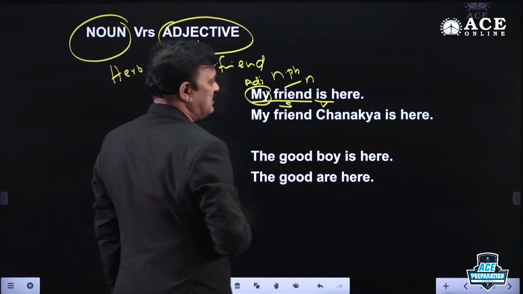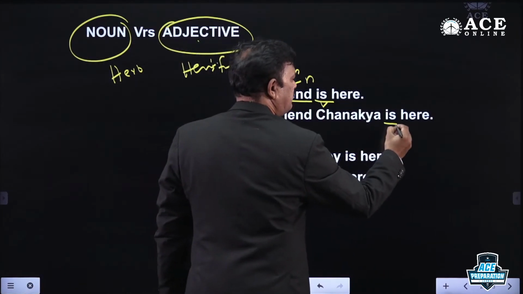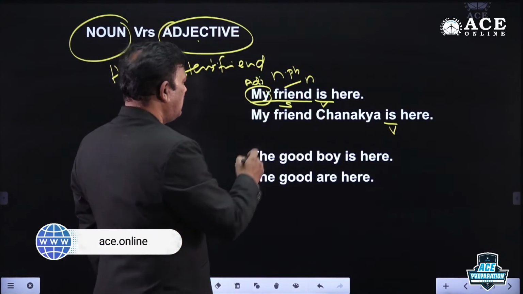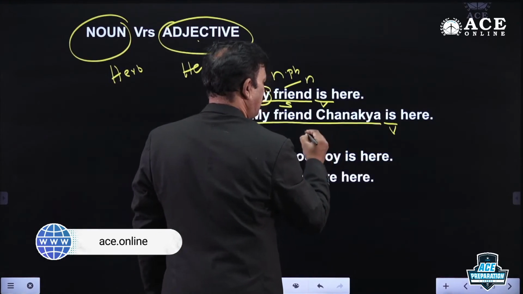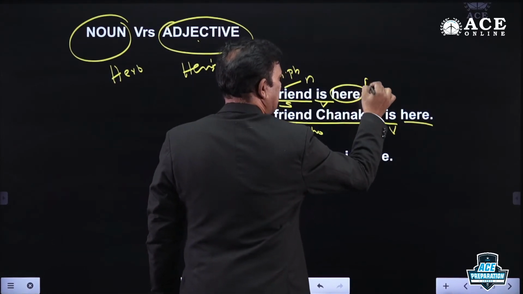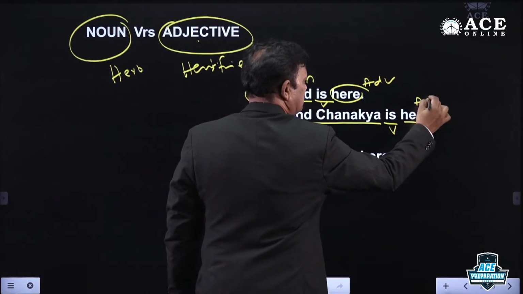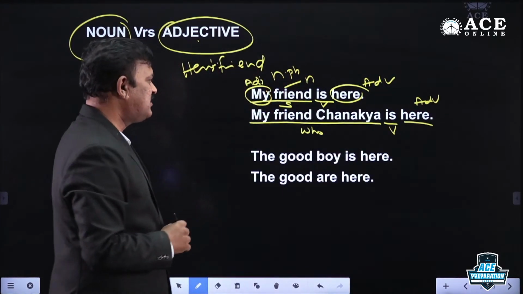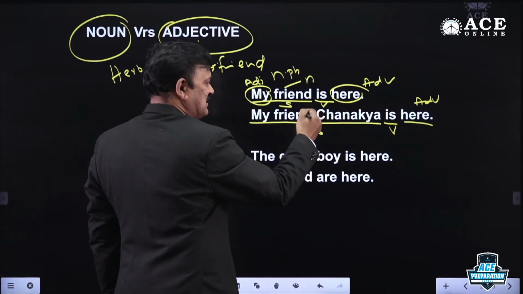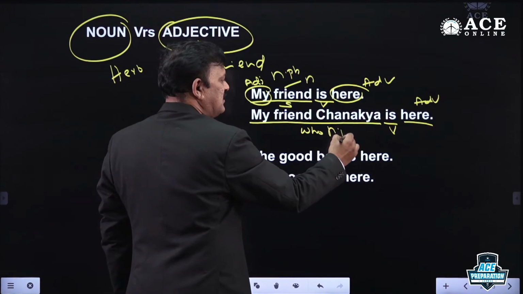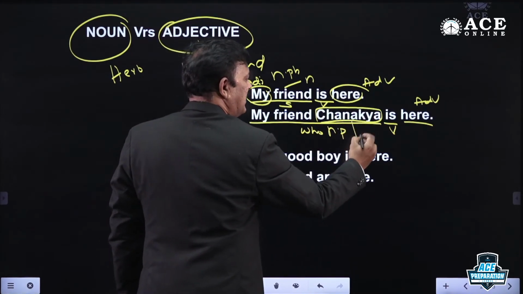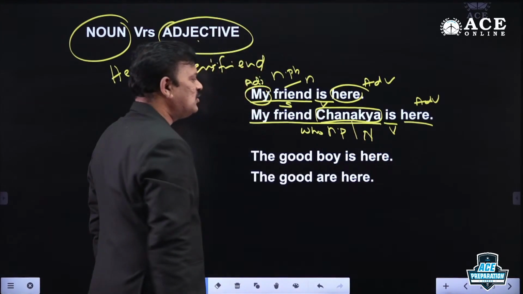Look at this next sentence. Start from the verb. Who is here? Group of words. My friend Chanakya is here. Group of words, subject, so noun phrase. Last word of this group is Chanakya and this is noun.